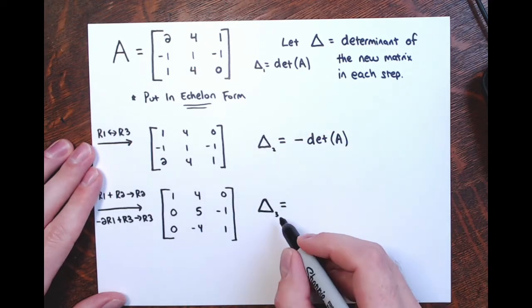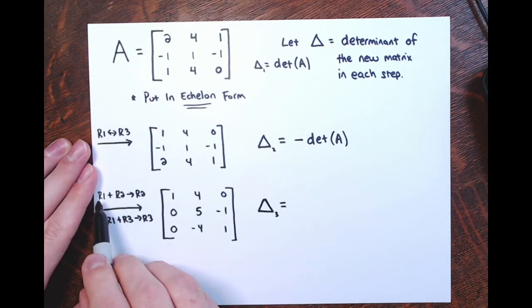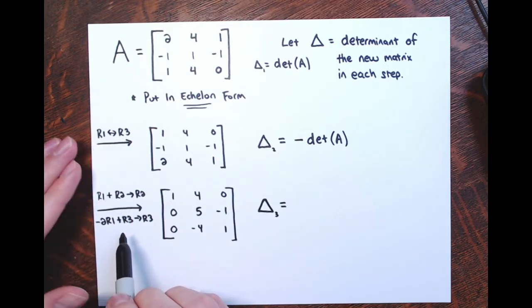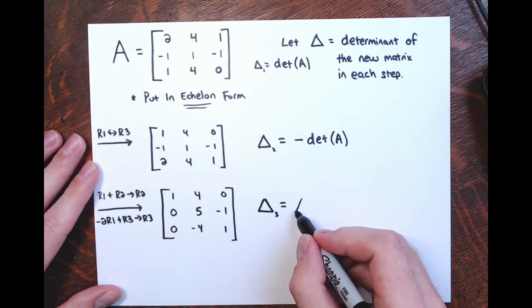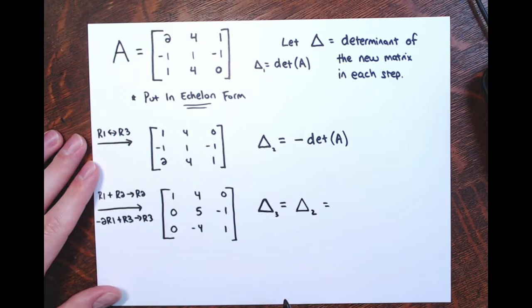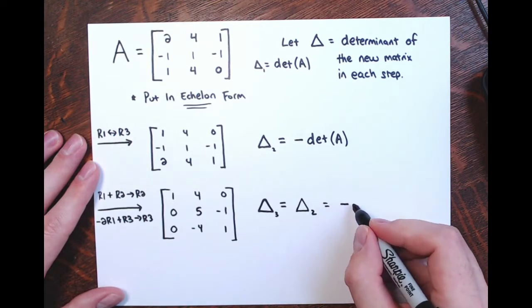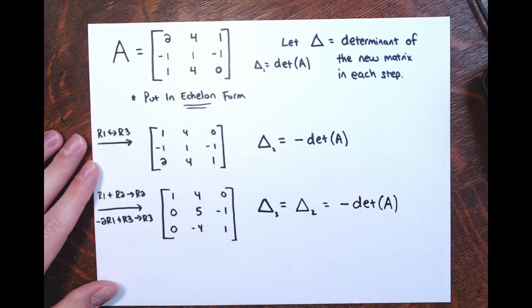Triangle 3, the determinant of this third step, since I only did this operation twice, I just added multiples of one row to another row, it's going to be the exact same as triangle 2. Right? It's going to be exactly the same as the previous step, which was the opposite of the determinant of A. Right? Okay.